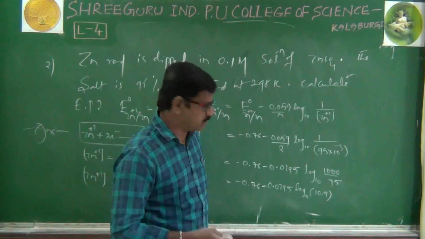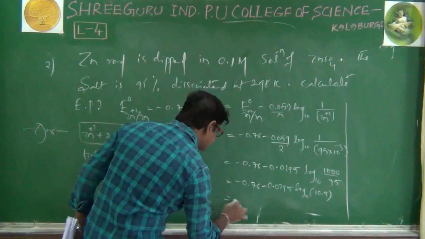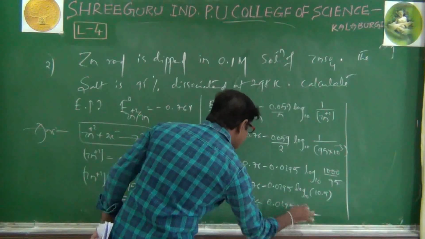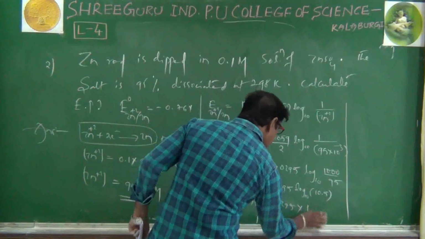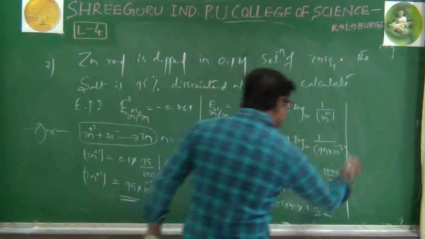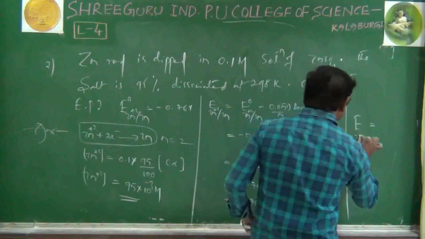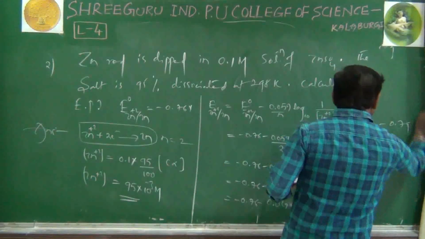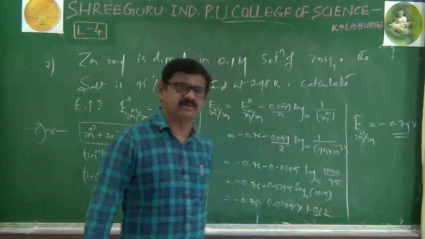Now log 10.5 is 1.022, and if you simplify, you will get E Zn2+/Zn value as minus 0.79 volts.